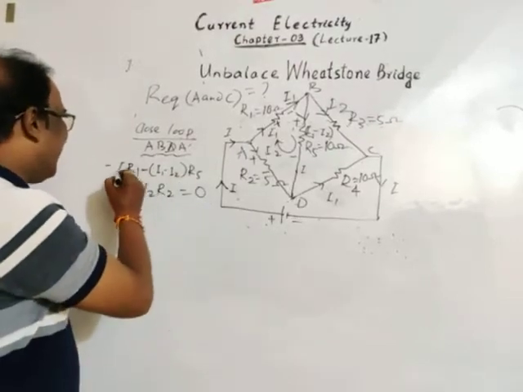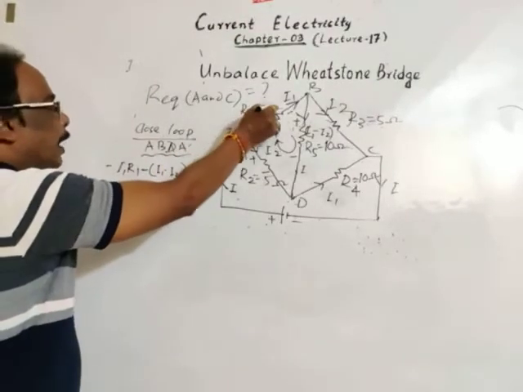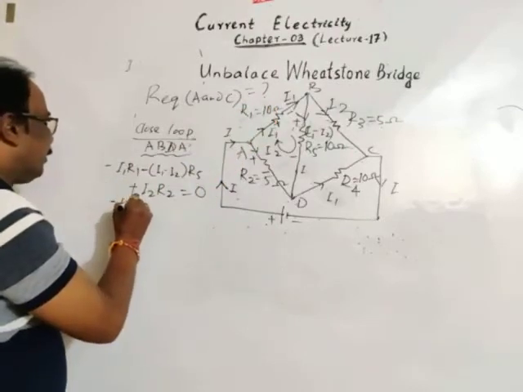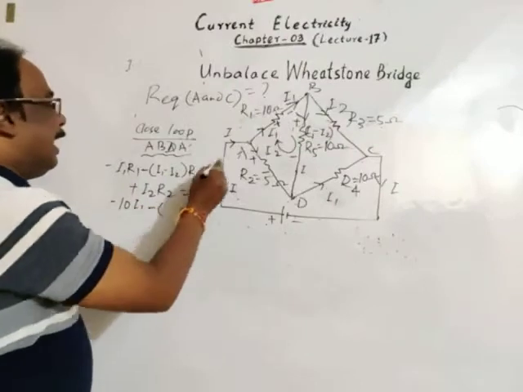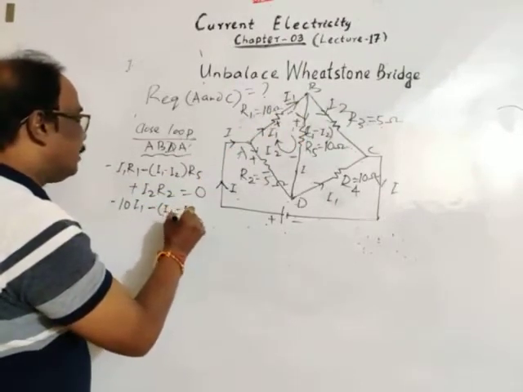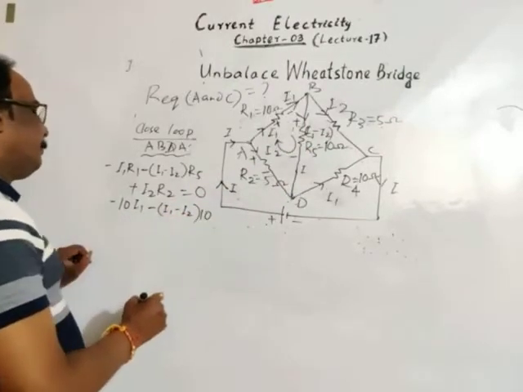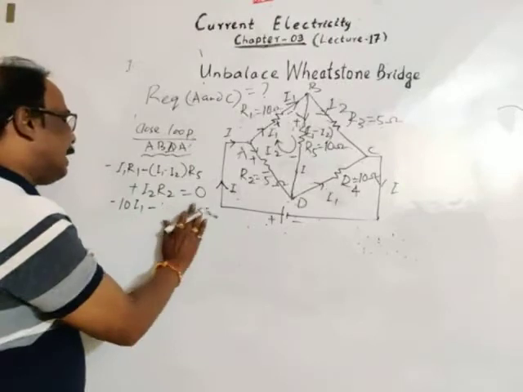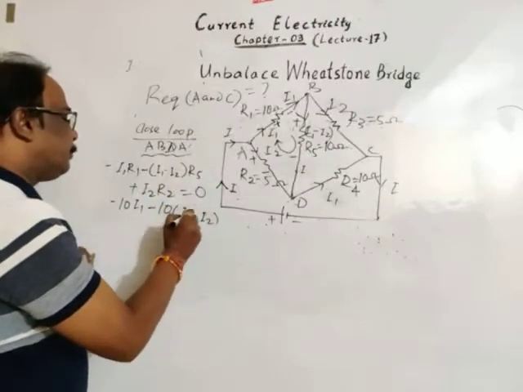Now putting the values: minus I1 into R1, R1 is 10, so minus 10 I1. Minus I1 minus I2 into R5, R5 is 10, so minus 10 into I1 minus I2.